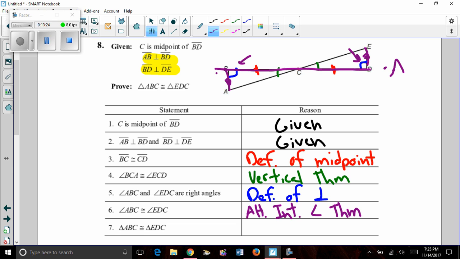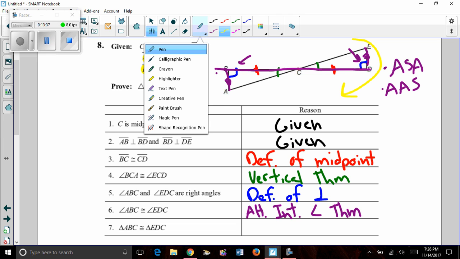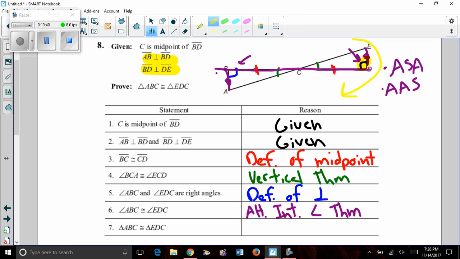So is it angle, side, angle, or angle, angle, side? By looking clockwise around the picture, I see an angle, side, angle. Therefore, triangle ABC is congruent to triangle EDC by angle, side, angle.